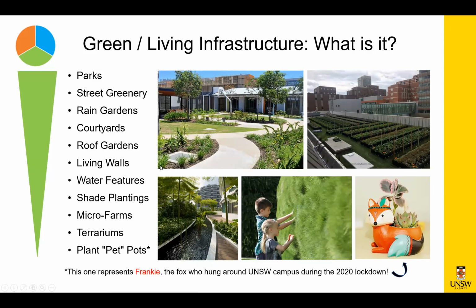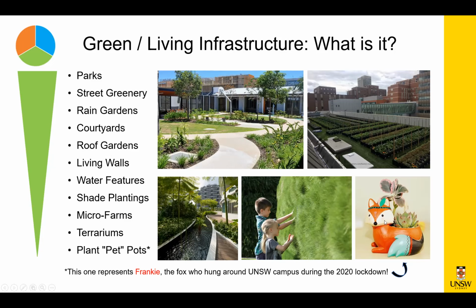So basically, if we were to sum it up, going from the big to the small, it's everything from parks, street greenery, street trees and so on, water sensitive urban design, things like rain gardens and swales and so on in cities, courtyards, roof gardens, living walls, and so on. It includes things going right down to what have been called pet pots.